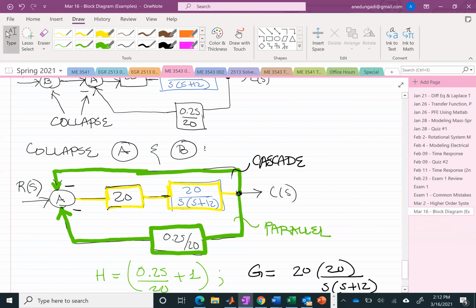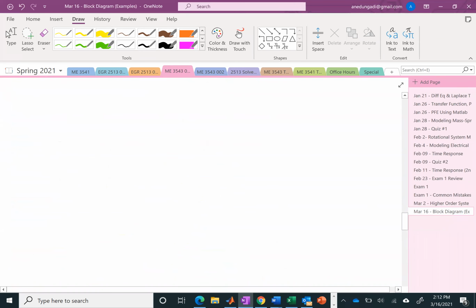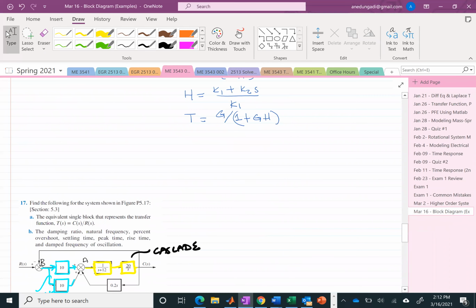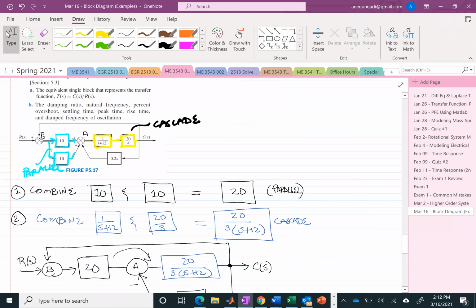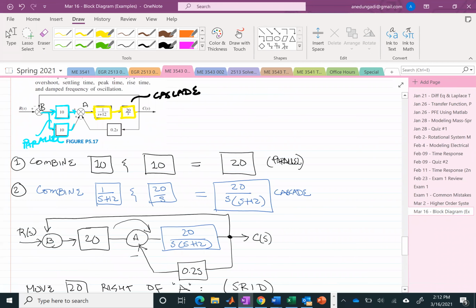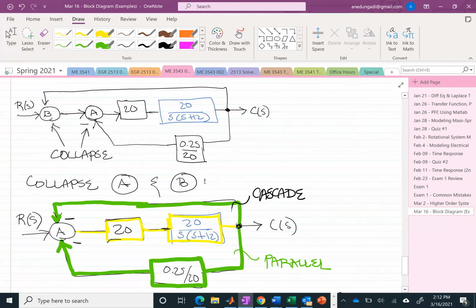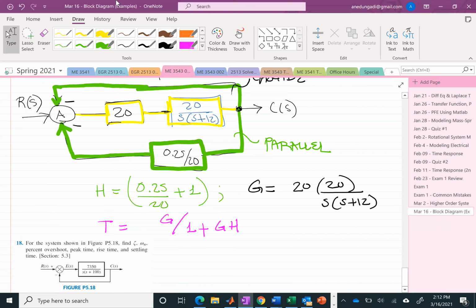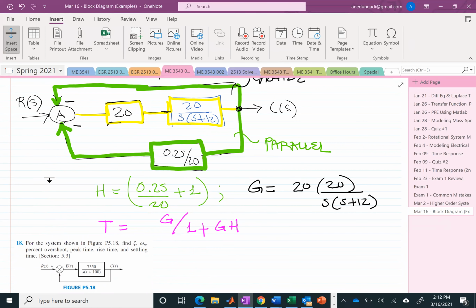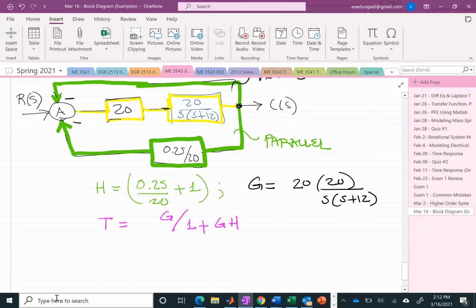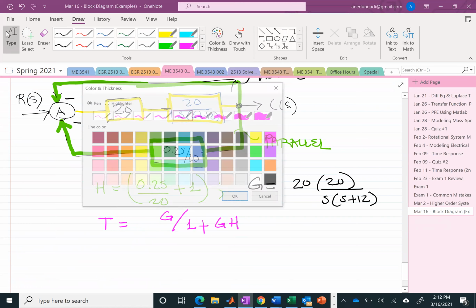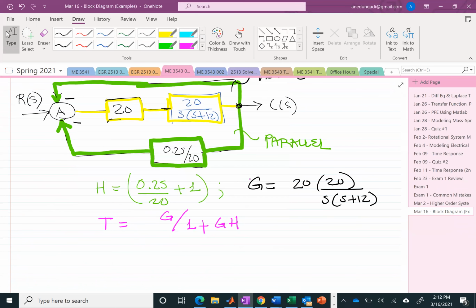Any questions? So we have T. What is the input to T?